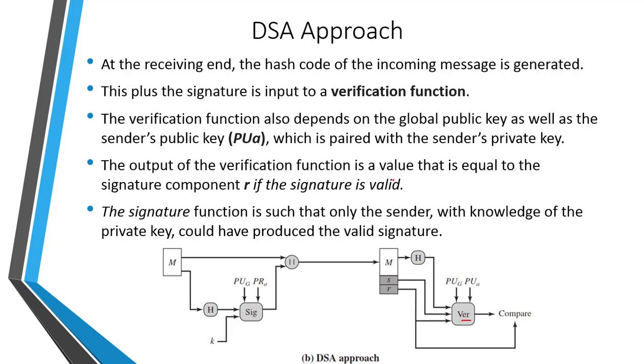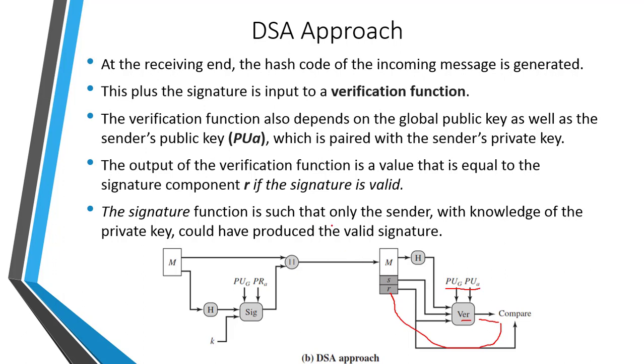The verification function also depends on the global public key as well as the sender's public key, that is PUG and PUA. The output of the verification function is a value that is equal to the signature component R if the signature is valid. The output of the verification function and the received R are compared with each other, and if both values are the same, then we can say that the signature is verified or valid.